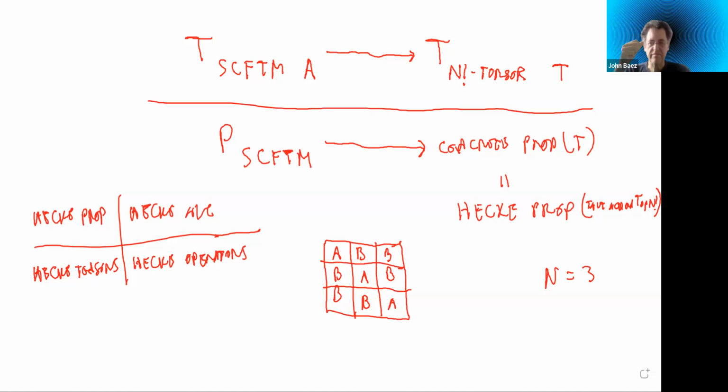I mean, how did you express it? It was something like that. The operations in the prop, in the special commutative Frobenius prop, are all the ones that are there because you have a basis or something like that.